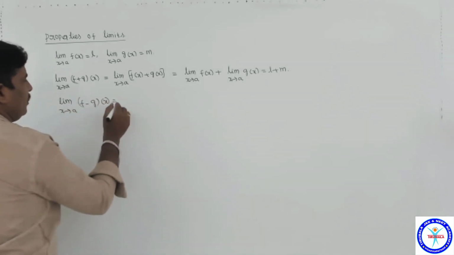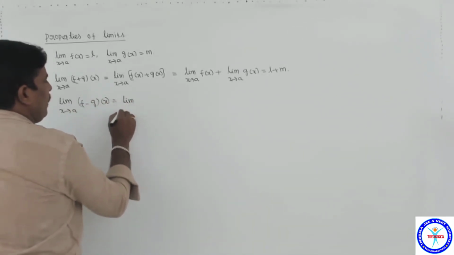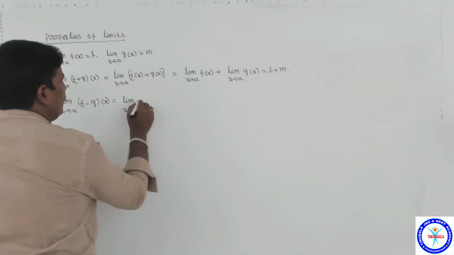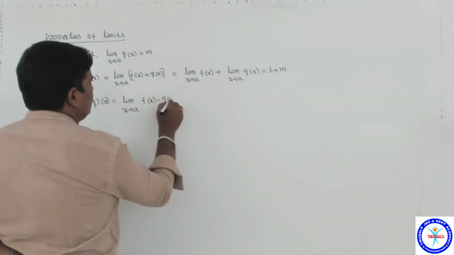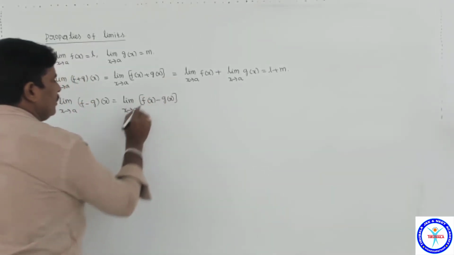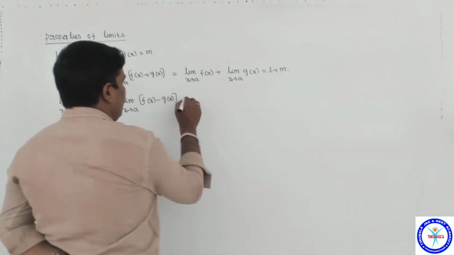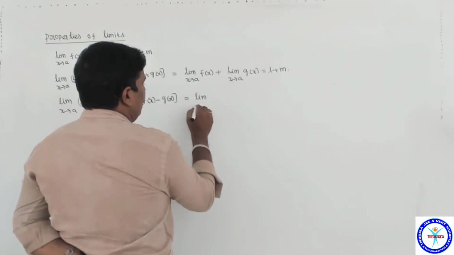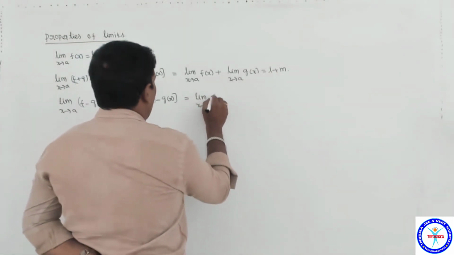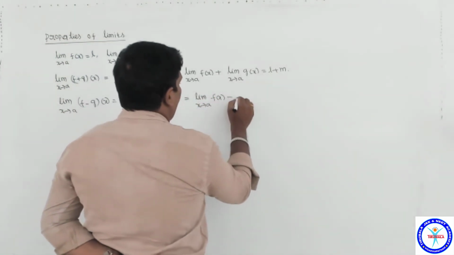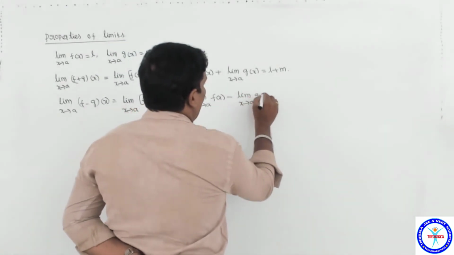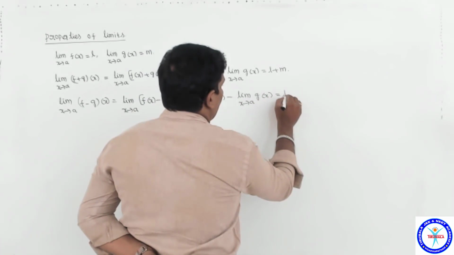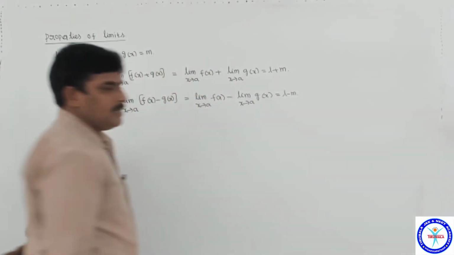By using the properties of functions, this is f of x minus g of x, so the limit can be separated: limit x tends to a of f of x minus limit x tends to a of g of x. This is equal to L minus m.